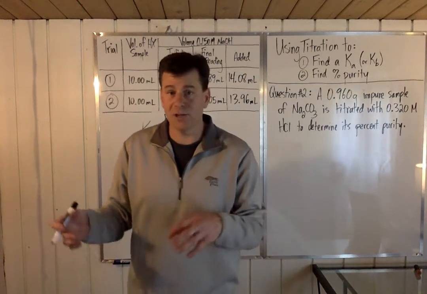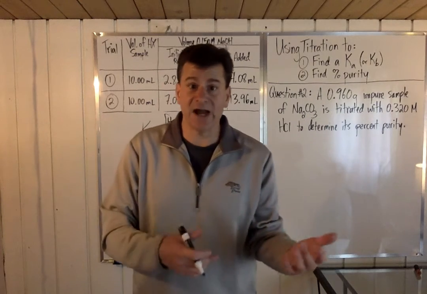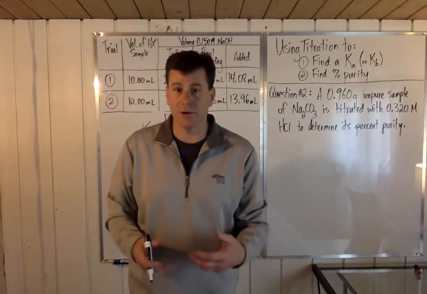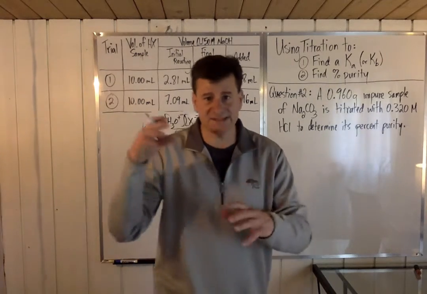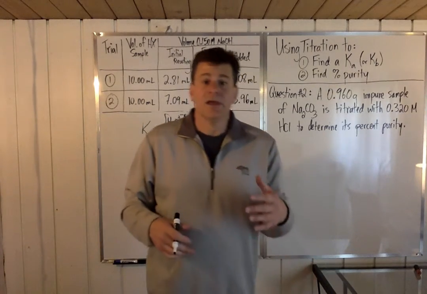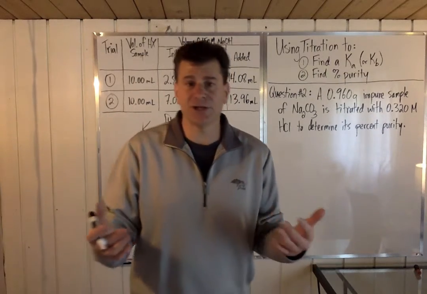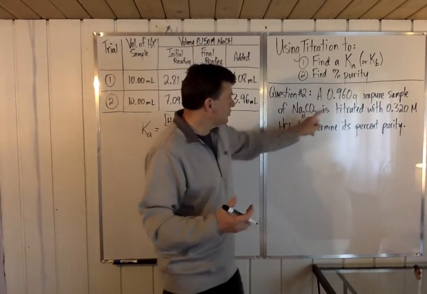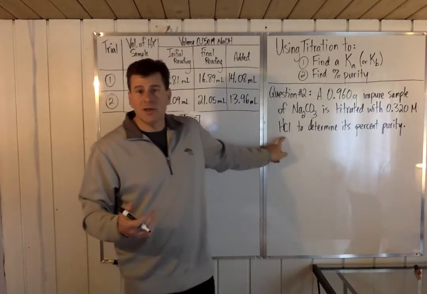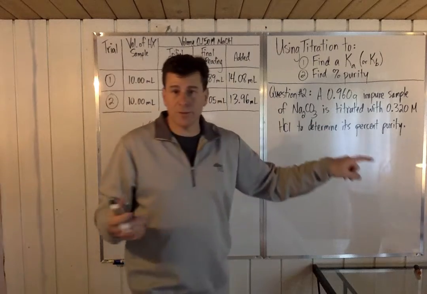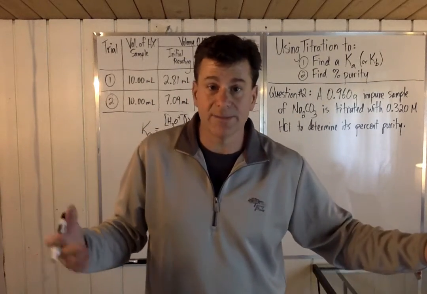The percent purity will be that amount divided by the 0.960, and that will give you the percent purity. That's our overall strategy. We're titrating using 0.320 HCl, which is a strong acid, which means the Na2CO3 is a base.